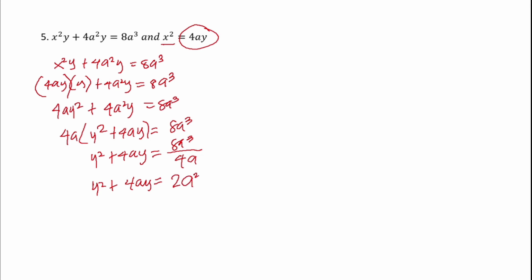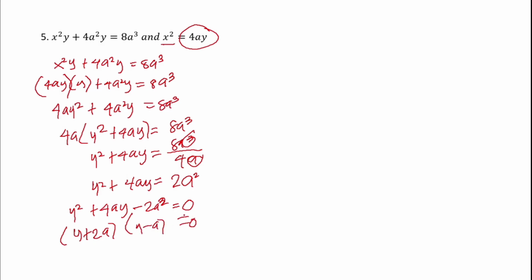So that is 2a squared, because 8 divided by 4 is 2, and a cubed over a is a squared. So y squared plus ay minus 2a squared is equal to 0. If we factor this part using our factoring formula, we have y plus 2a and y minus a is equal to 0.